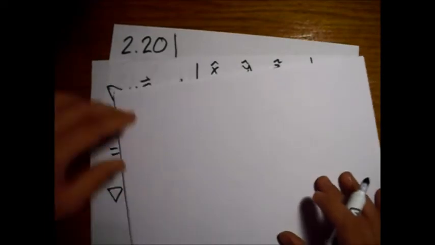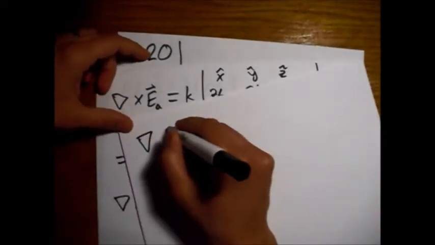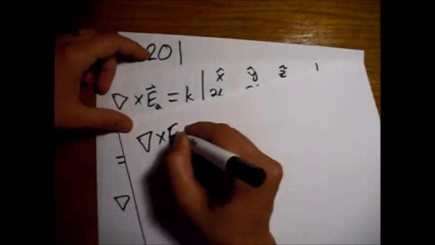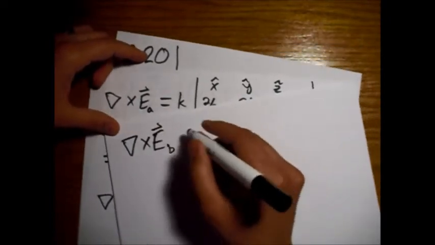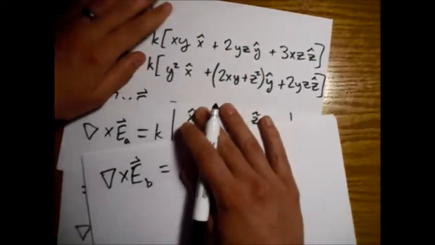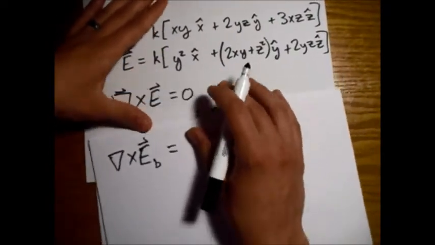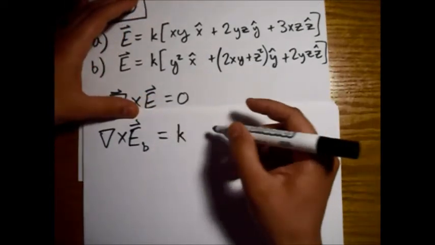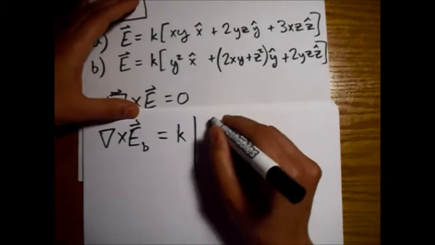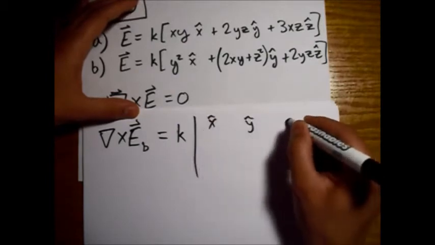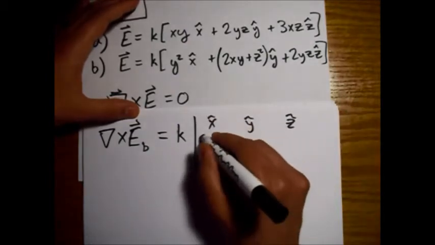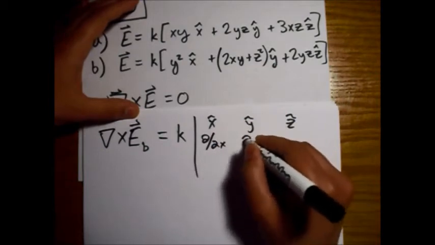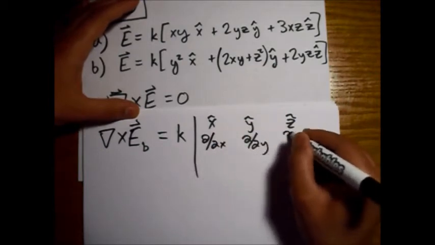Alright, just for fun, why don't we take the curl of B, just to make sure it does go to 0. And we haven't been tricked. d by dx, d by dy, d by dz.